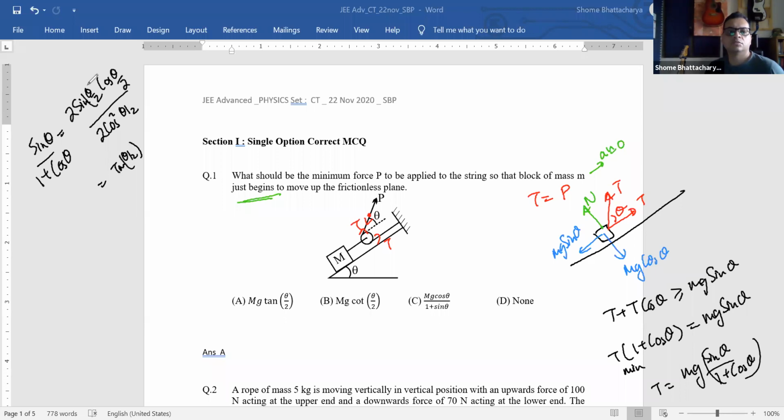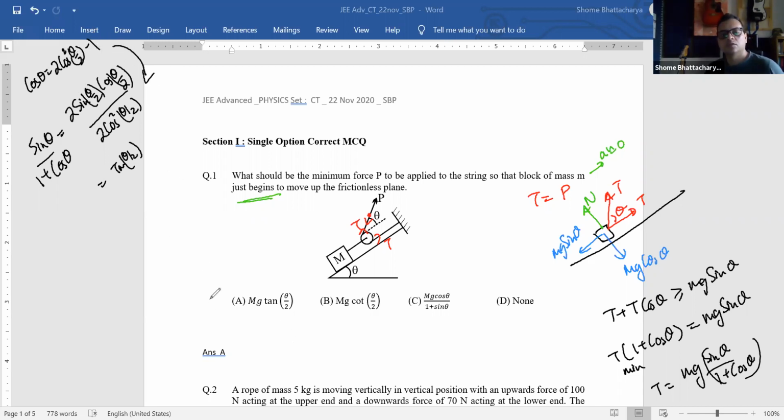Okay, this becomes this. So here we are using the additional formula that cos theta can be written as 2 cos square theta by 2 minus 1. So additionally, this formula I'm using here.